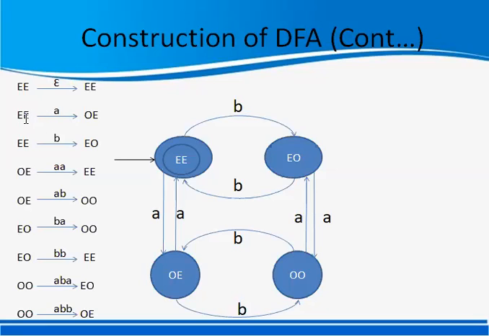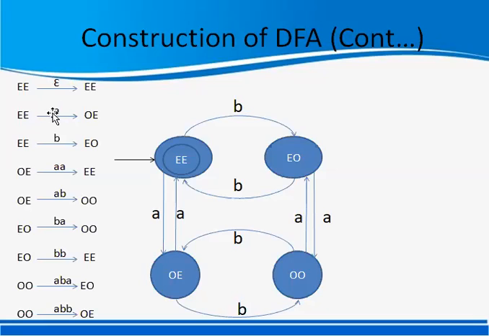Next, from state EE on input small a. First we will check which category the string comes under. It comes under odd number of A's and even number of B's, because the number of A's in this string is 1 and the number of B's is 0.